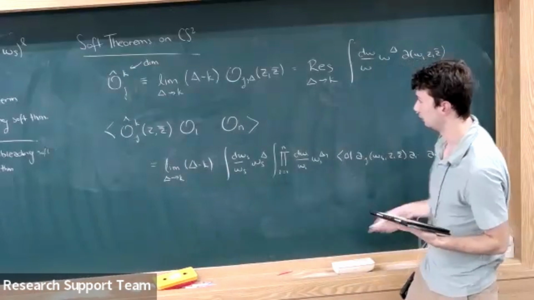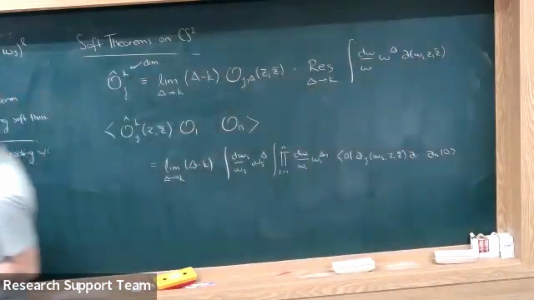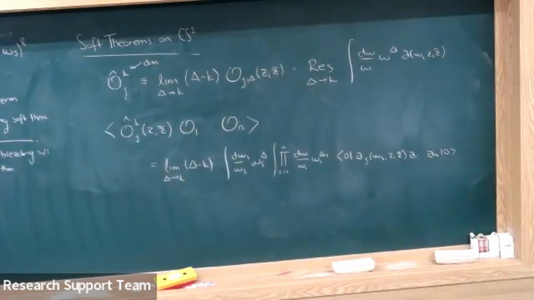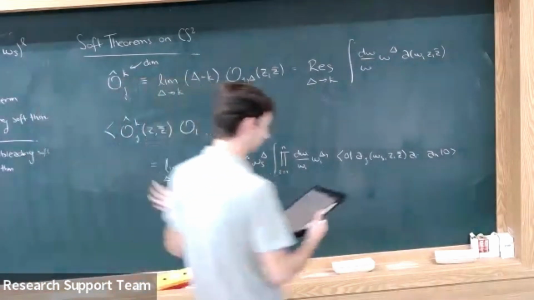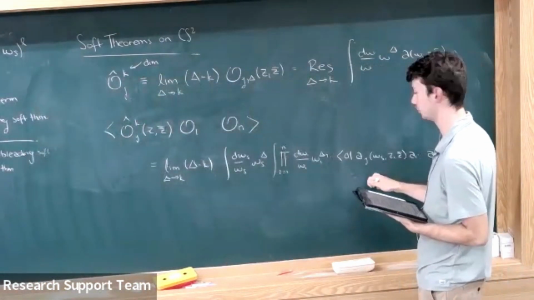So to derive this equation, I've used this definition for what the hatted operators are. And I've also used the definition, literally what the celestial amplitude is in terms of the momentum space amplitude. So this step here is pretty straightforward, okay? The next step is similarly straightforward.